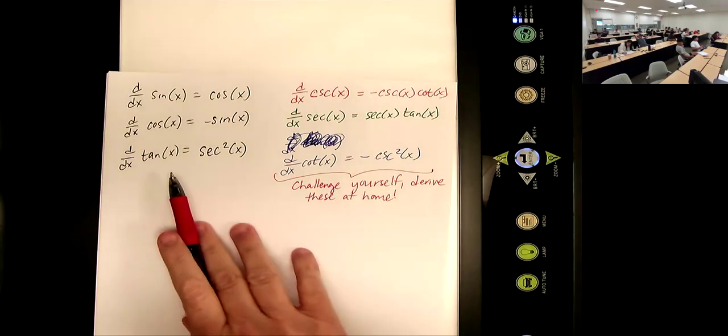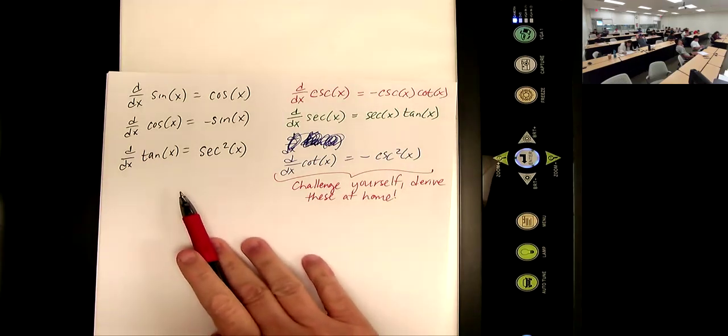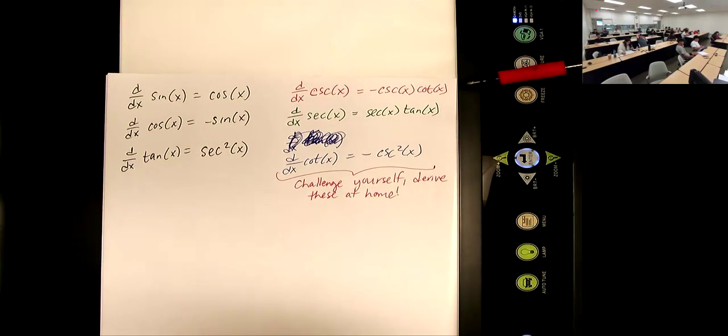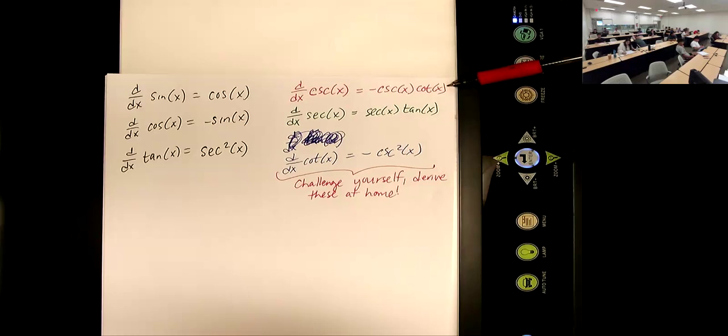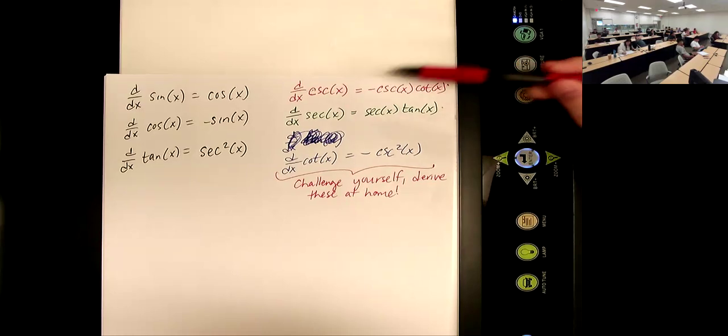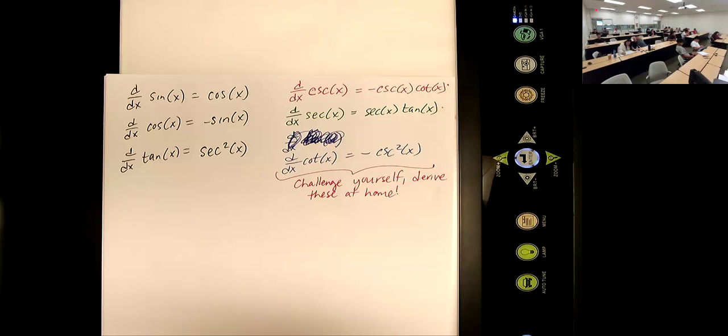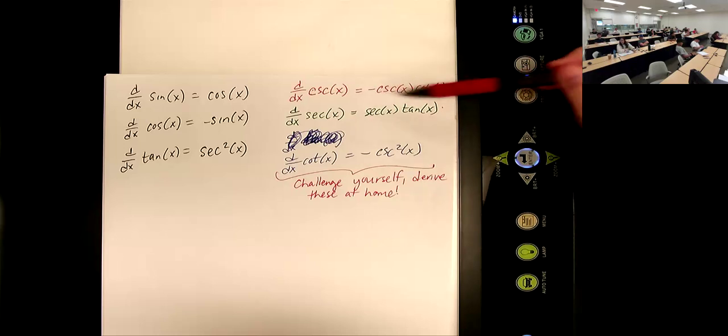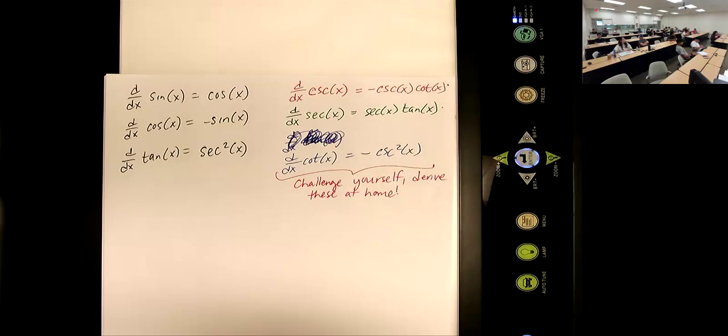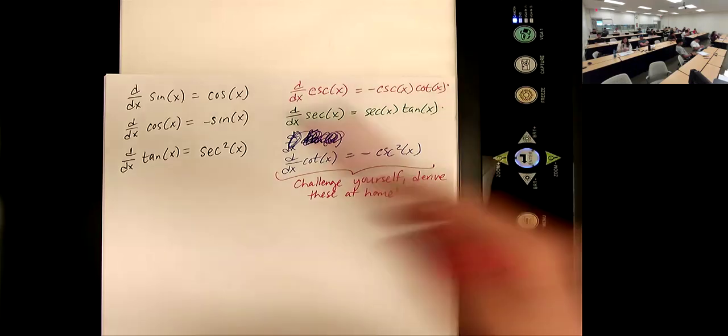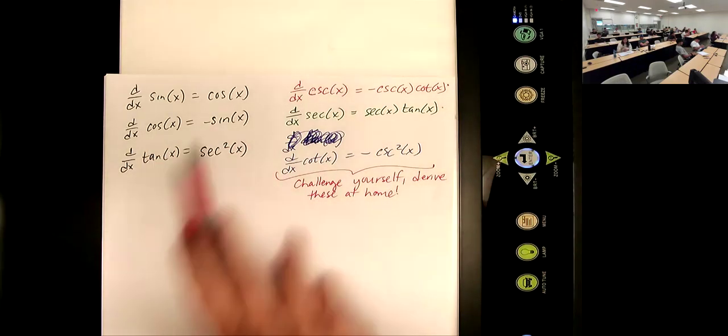You're just gonna need to memorize these three. Well, it's helpful to memorize them all. I remember cosecant and secant have themselves in the derivative. And then I know they either have a tangent or cotangent with them. The way I remember it is the cosecant one, everything starts with C. And the derivative of the C one has a negative.